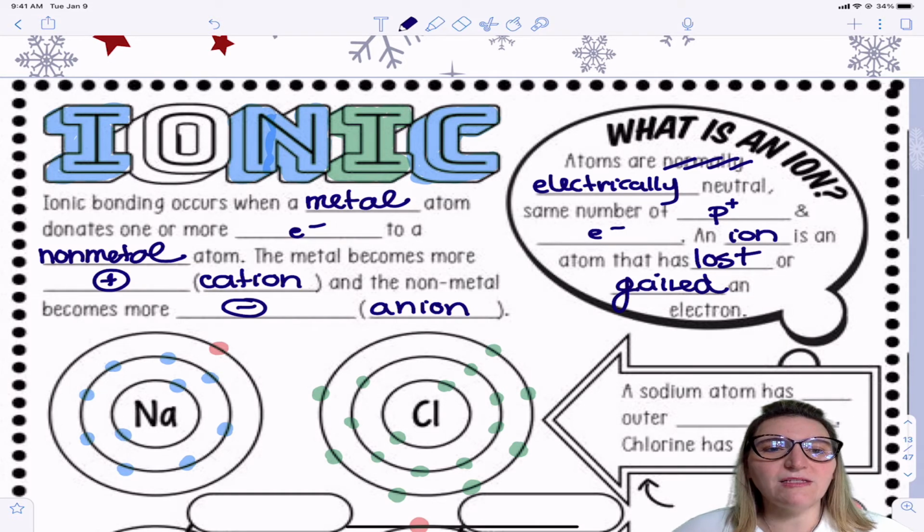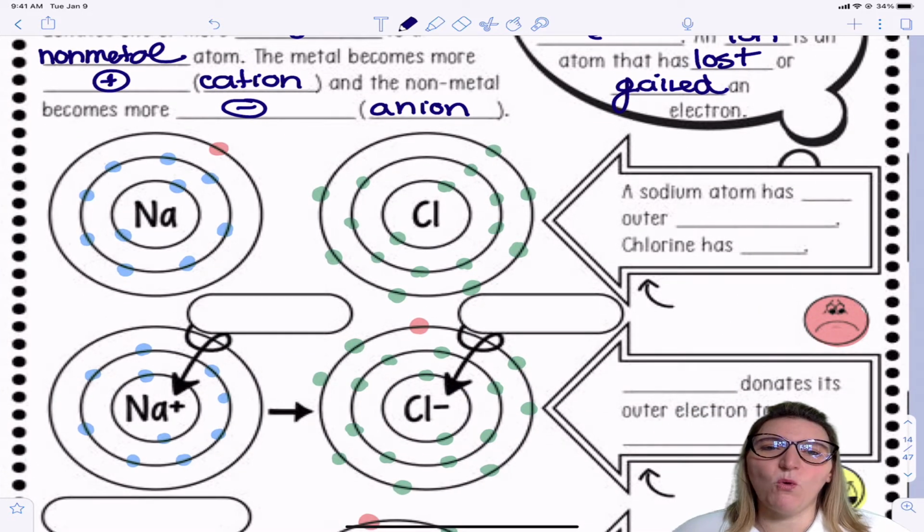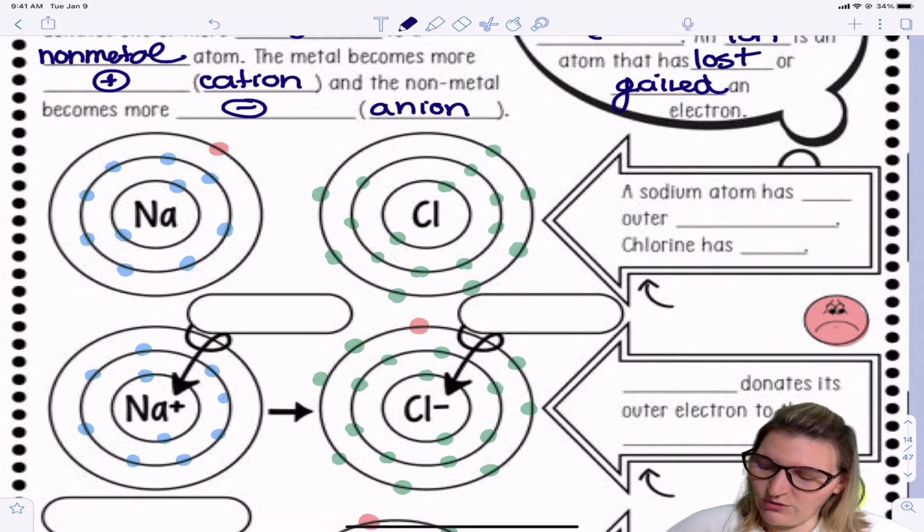And here is that process shown a little bit more graphically with those Bohr model electron energy level rings. The sodium atom always starts, we know this from its electron configuration, with one outermost valence electron, while chlorine has 7.